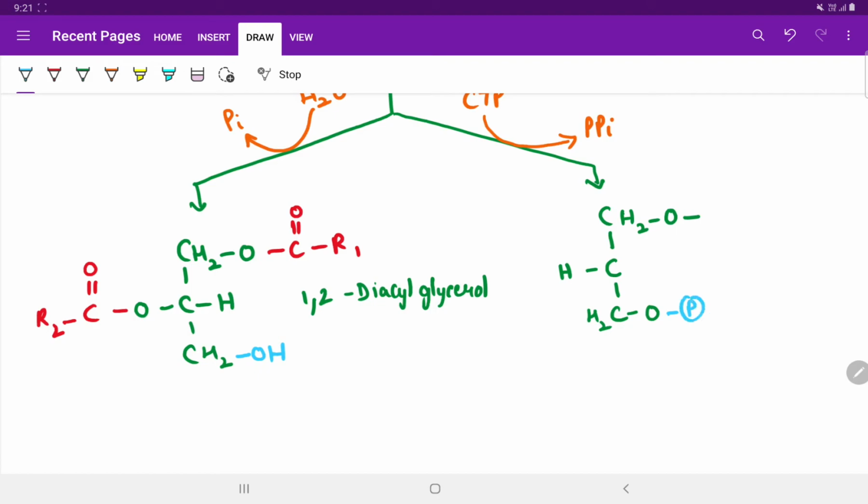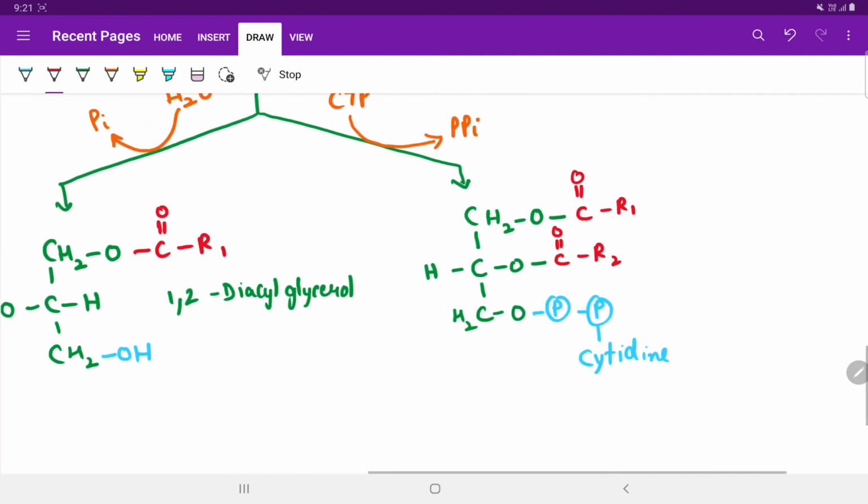Here you can see two phosphate groups are attached and one cytidine also. Now two acyl groups will be attached as mentioned. And this structure is known as CDP diacylglycerol.